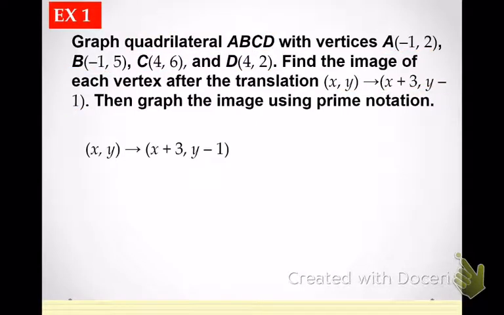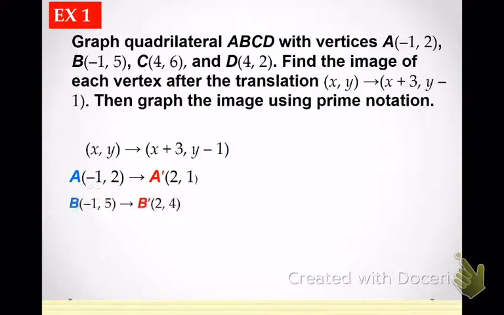Our rule is x plus 3, y minus 1. To do that, we're quite literally going to add 3 to the x coordinate and subtract 1 from the y coordinate. So for A, to create A prime, we would take negative 1 plus 3. Negative 1 plus 3 is 2. We're going to add 3 here and subtract 1 here. And so 2 minus 1 is 1.